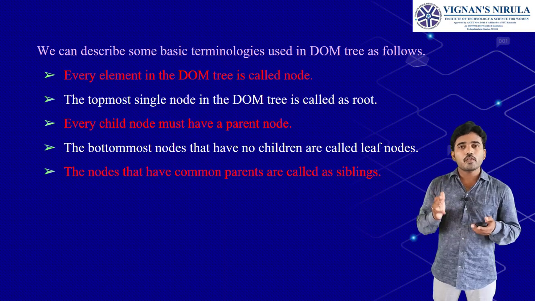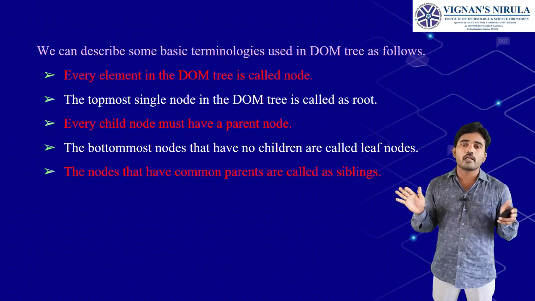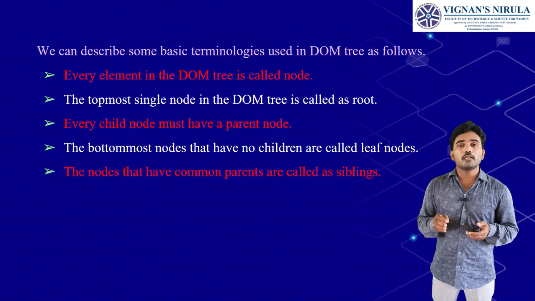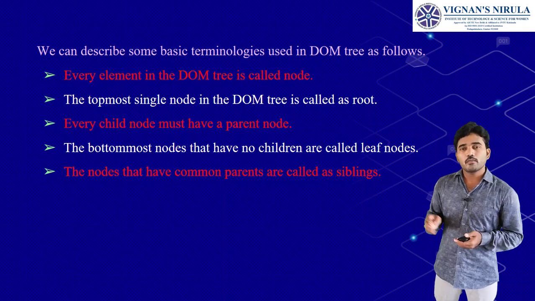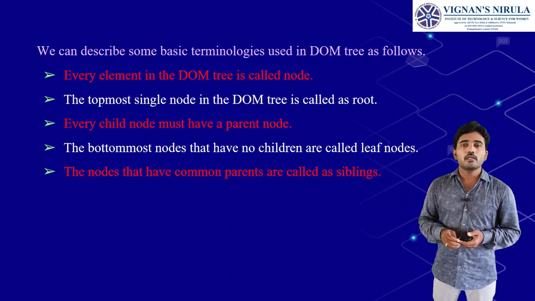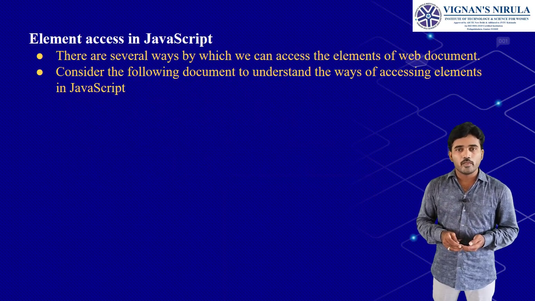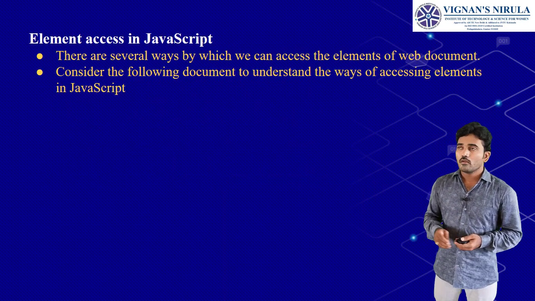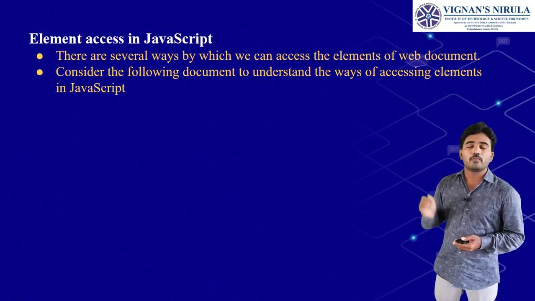As you know, every child node must have a parent node, and the bottommost nodes that have no children are called leaf nodes, and the nodes that have a common parent are called siblings. This is already discussed by us. In the previous example, H1, H2, H3 are siblings, as well as head and body are also siblings. Understood?